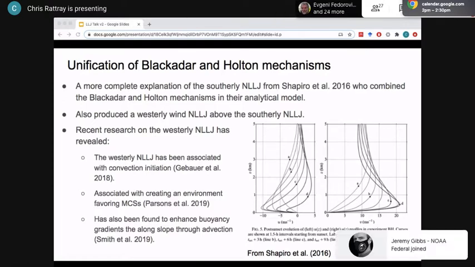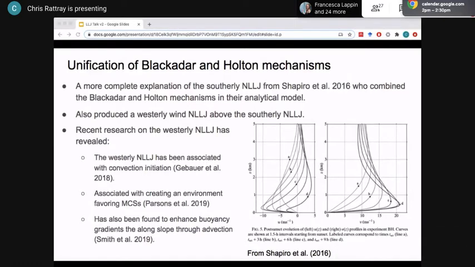The westerly jet has also been found to advect the daytime boundary layer from the higher terrain to the west, which causes changes to the buoyancy gradients and can further alter jet structure.